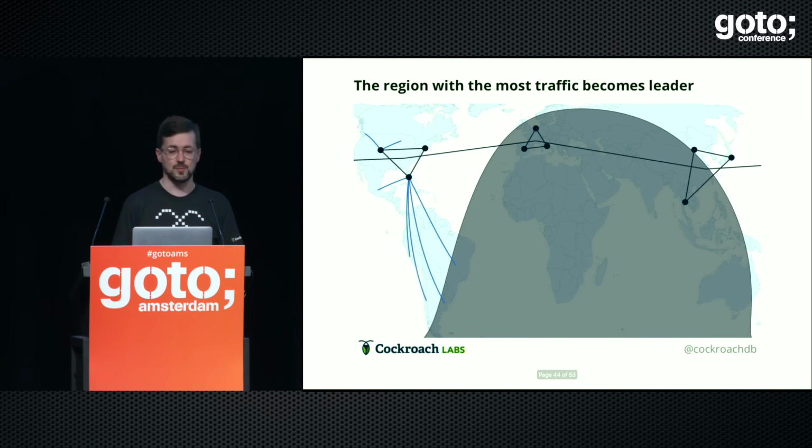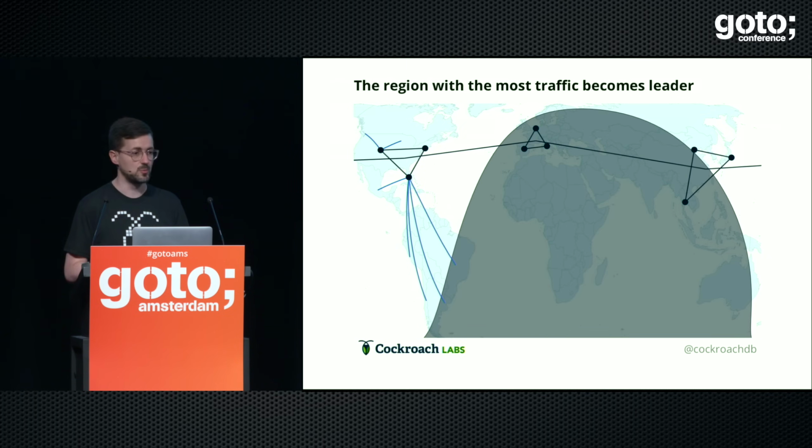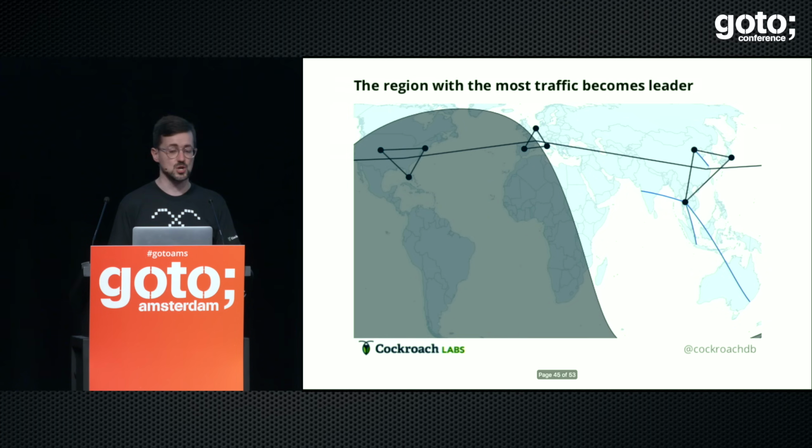When it's coming from the Americas, then the leadership will be in that region, and so on when it comes back around to Asia. This is a very powerful technique that's very straightforward to use. In fact, you don't really have to do anything. It happens automatically in CockroachDB as long as your access patterns follow this sort of distribution.